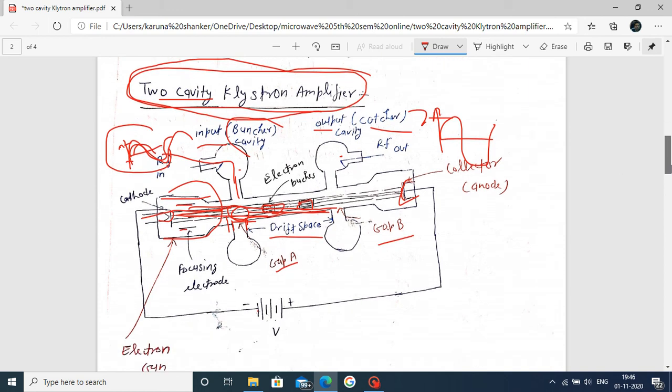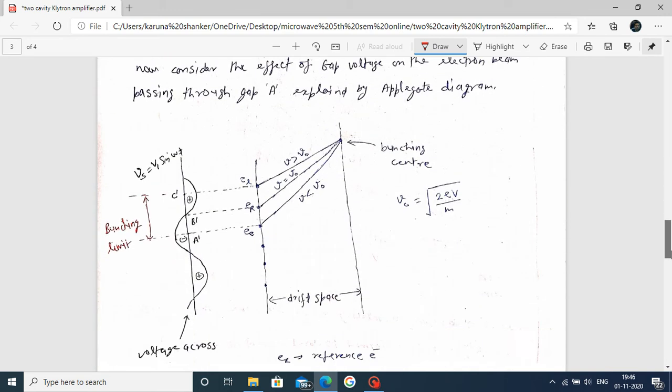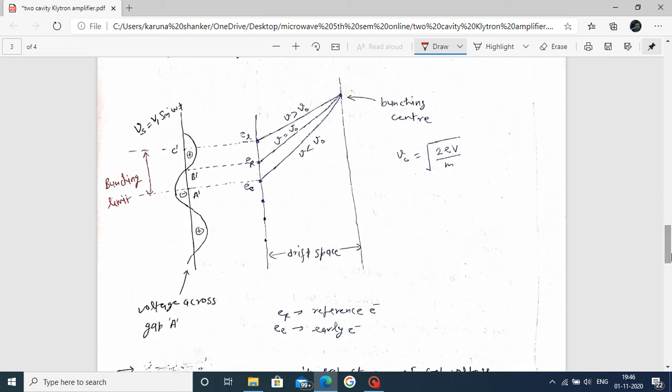To observe this operation, we use a diagram to explain the operation of your two-cavity klystron. Here this sine function is the RF input. We want to amplify this RF input, and the output comes across your output cavity, also called the catcher cavity.